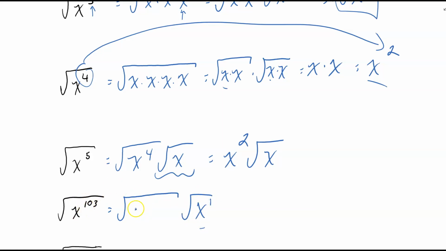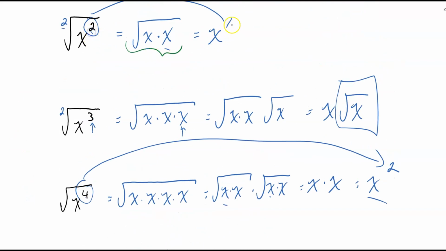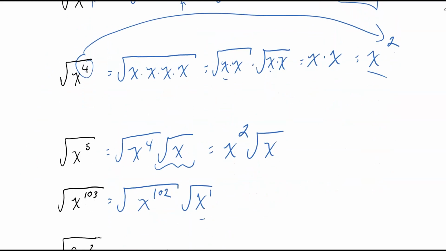This must be x to the 102. And when I do the square root of x to the 102, remember the pattern. The 4 was cut in half to the 2. The 2 was cut in half to 1. So 102 should be cut in half. X to the 51 root x. Okay? Kind of silly one, but I thought I'd show you the pattern.